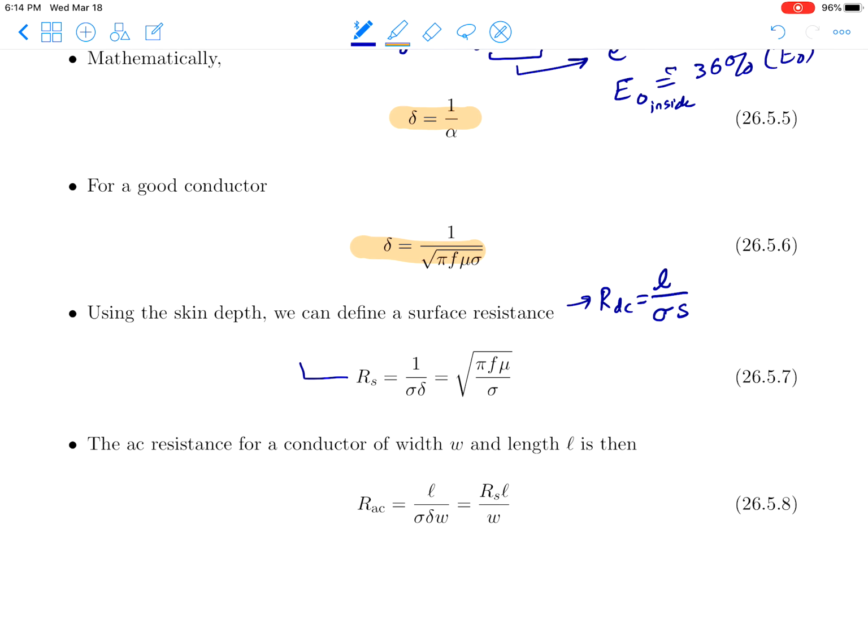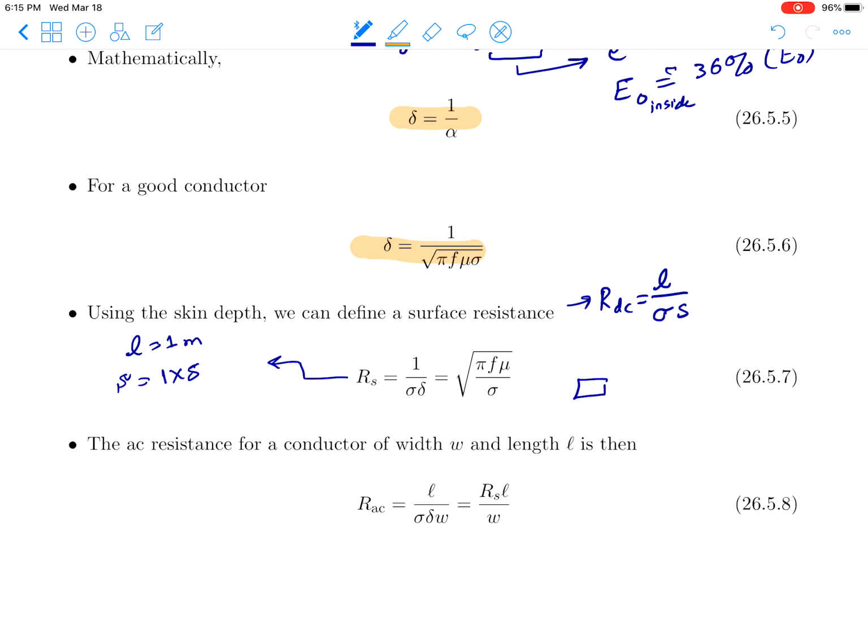This one is equivalent to the DC resistance for a unit length, L equals 1 meter, and a surface with an area of 1 times the penetration depth.